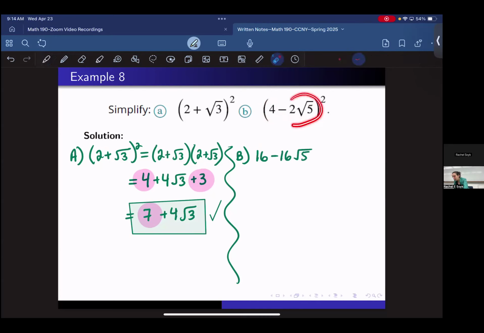And then we have negative 2 square root of 5 times negative 2 square root of 5 is a positive 4 times 5, which is a plus 20, so that you can combine once again those constants, and your final result ends up being 36 minus 16 square root of 5.